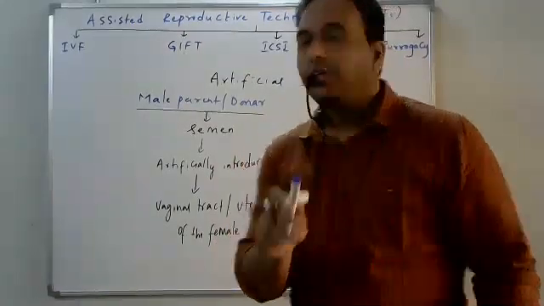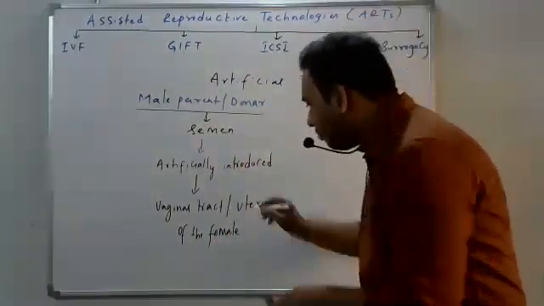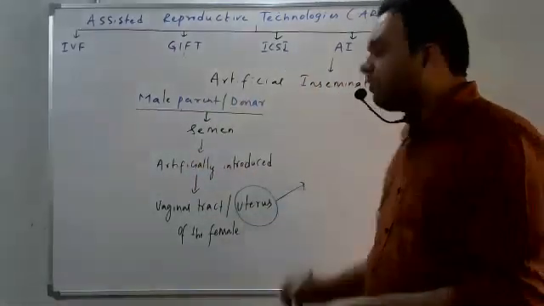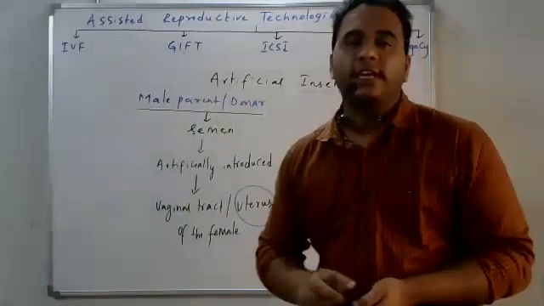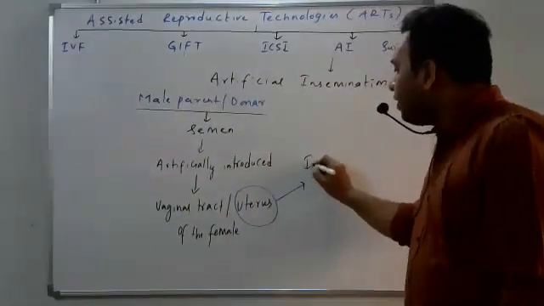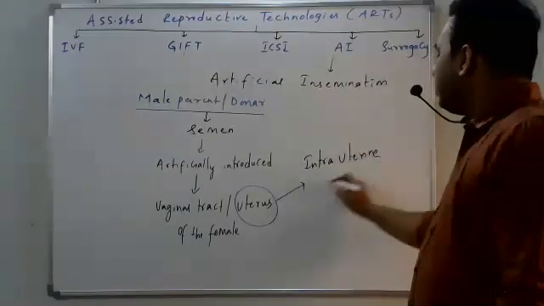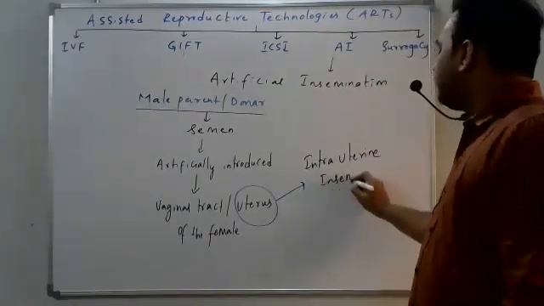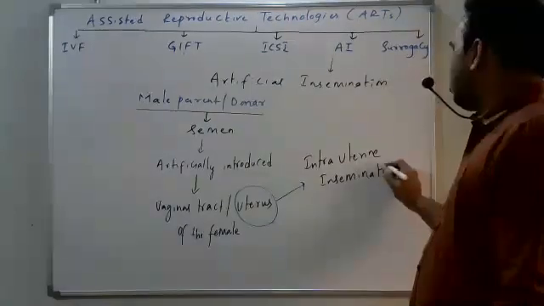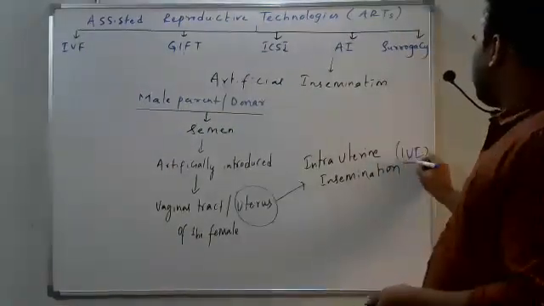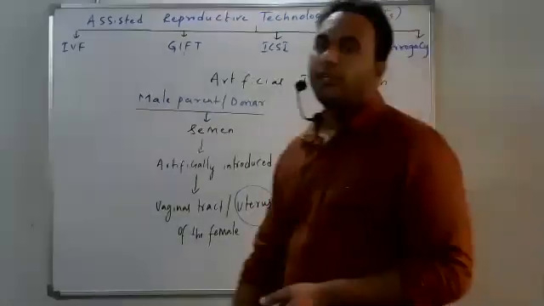Artificial insemination into the uterus is there, no? I have told, vaginal tract is okay. Then what about artificial insemination into the uterus? That is called intrauterine insemination, IUI.